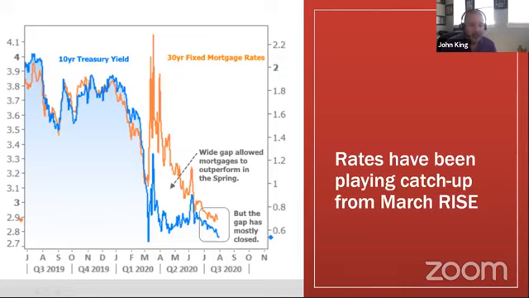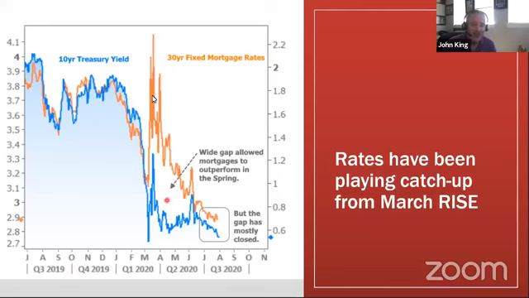And you've seen that when the 10-year treasury rates go up, so do mortgage rates. 10-year treasury goes down, so do mortgage rates. And they've been very, very well connected until March of 2020. But what happened is the 10-year treasury went up a little bit, but it came back down quickly and it has stayed low. So we've seen a pretty flat 10-year treasury.